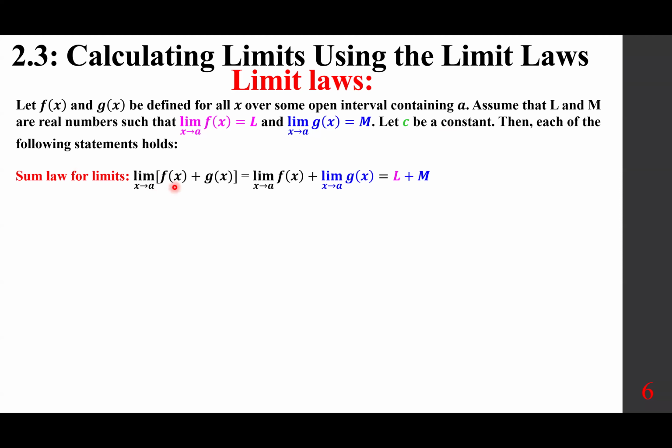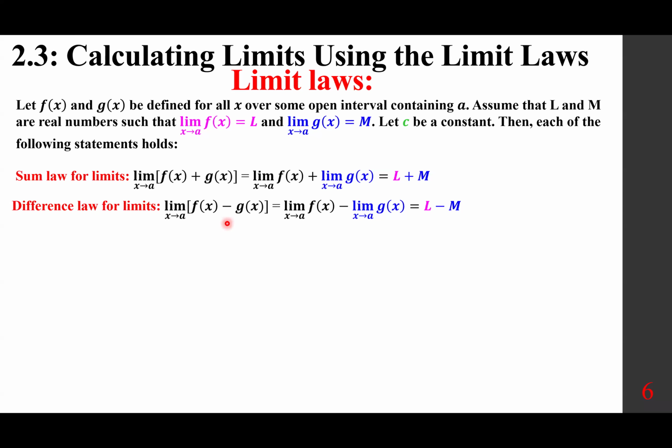Limit of f of x plus g of x as x approaches a is limit of f of x as x approaches a plus limit of g of x as x approaches a, or simply L plus M. Meaning, the limit of the sum is the sum of the limits. Difference law for limits.